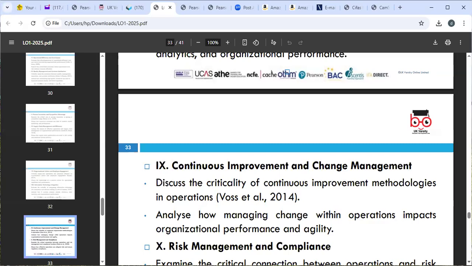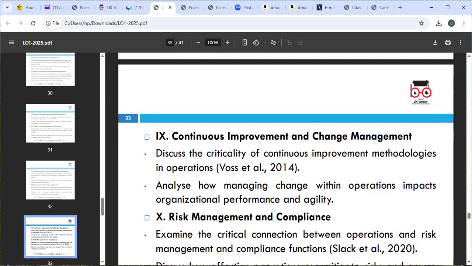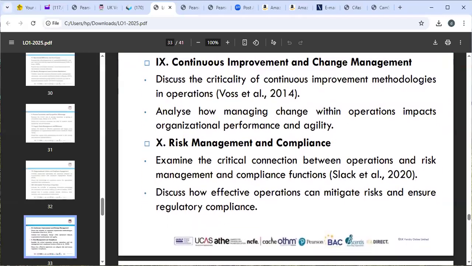So analyze how management change within organization impacts organization performance and agility. Discuss the criticality of continuous improvement methodologies in operations. Analyze how managing change within organizations.